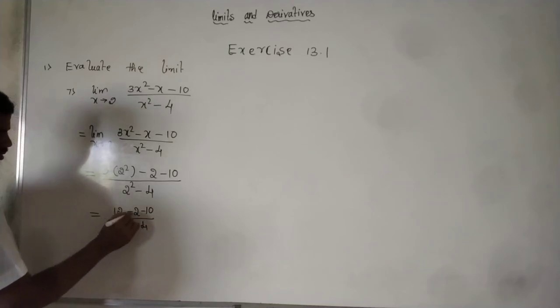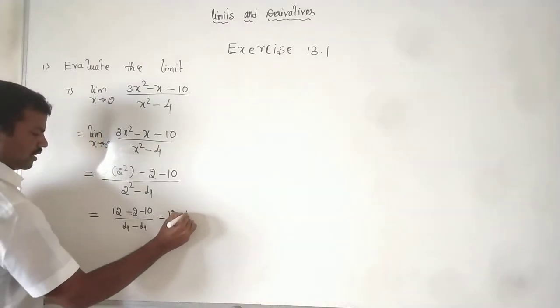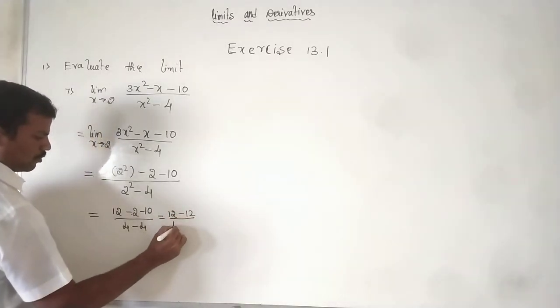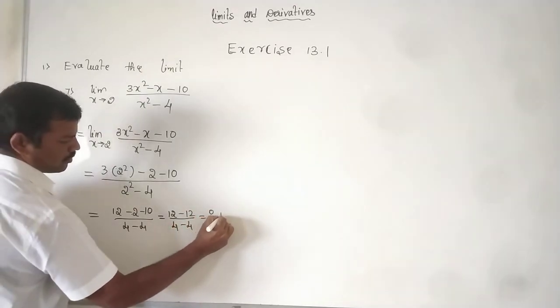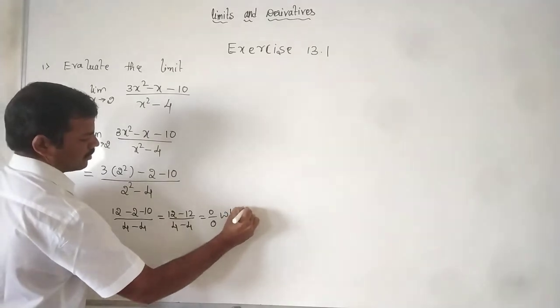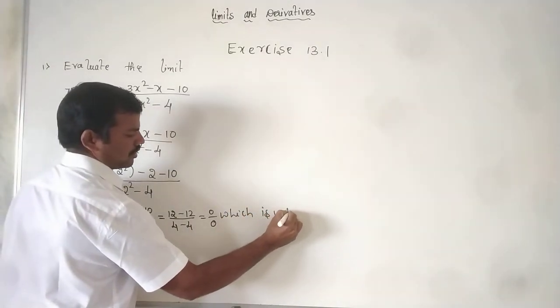That is 12 minus 12 divided by 4 minus 4, which means 0 by 0, which is undefined.